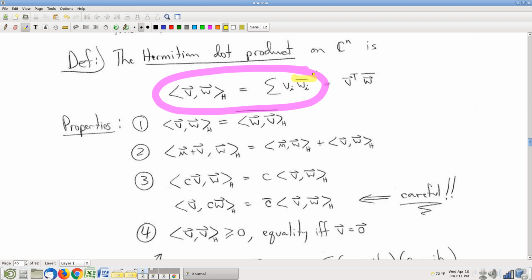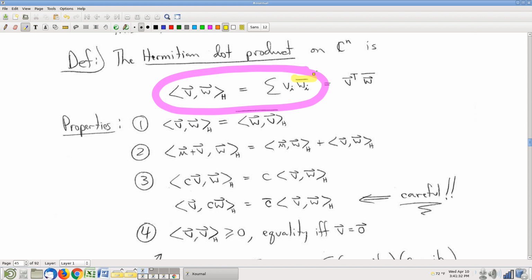So it's a little bit weird, but the way we're going to do this is that whatever vector is on the right in your Hermitian dot product, you conjugate it before you proceed with the old multiply and add formula for dot products. So a little bit weird.